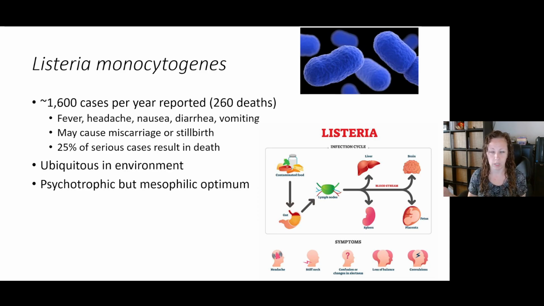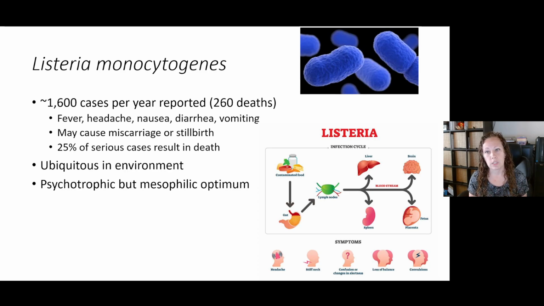40 to 140 is our danger zone, and anything under that, we consider a good safe temperature to hold our food. But Listeria is a problem because if there is just one Listeria cell in that food, it can multiply at refrigeration temperatures and get to a point where there are high enough numbers to cause serious illness.